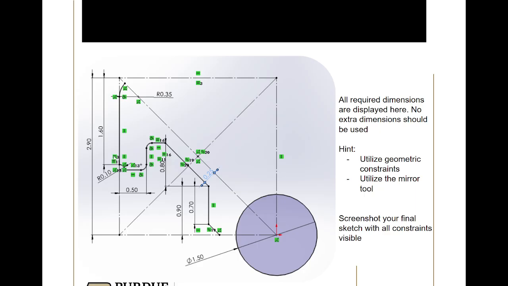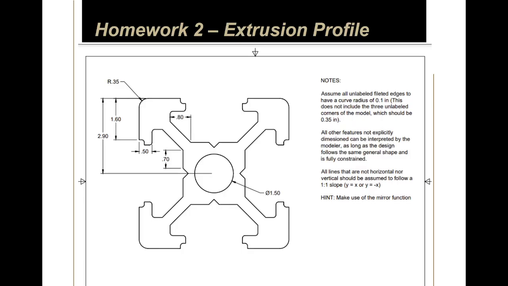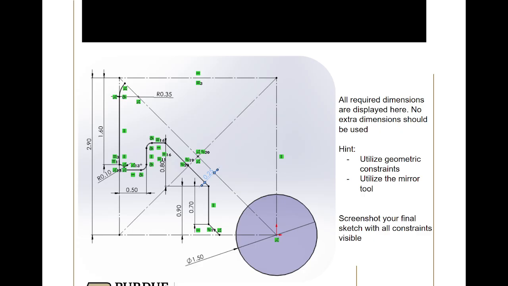There's a bunch of equal constraints because all of these radii are equal to each other. Lots of tangent constraints as well. So this might be a good hint for you, and please reference it. Don't reference the other one because it's missing stuff. So use this one.